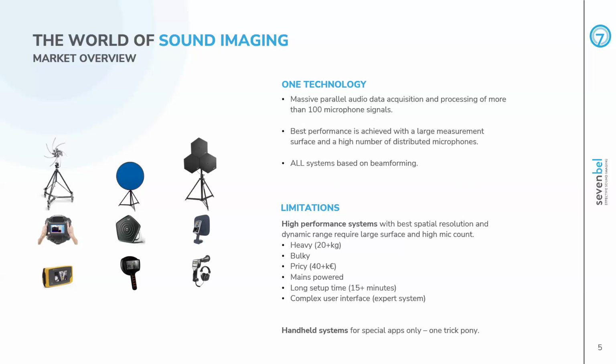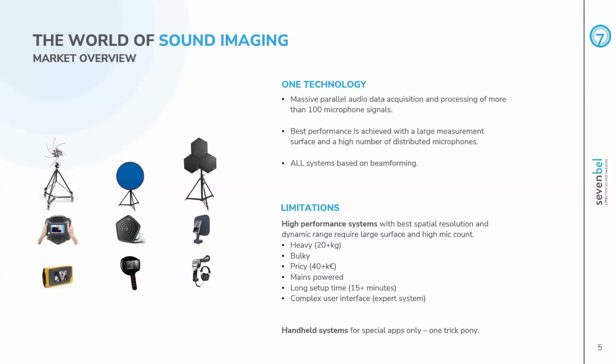The lower frequency cutoff of the instrument is determined by the size of the array, so the longer the array, the lower the frequencies that you can measure. Aside from that, a larger array will also be more precise at any given frequency. For example, a larger camera at 1000 Hertz will show the sources in a more compact way than a smaller camera.